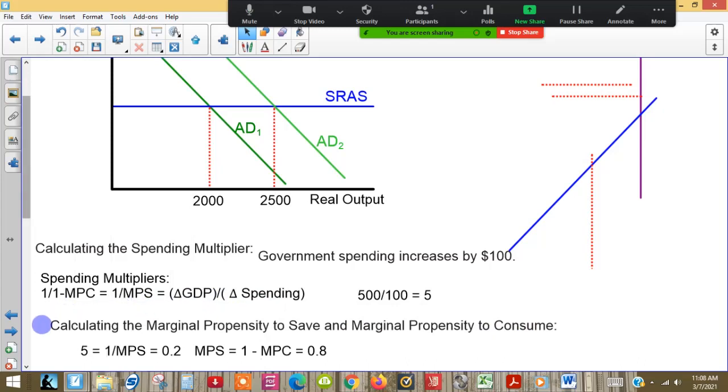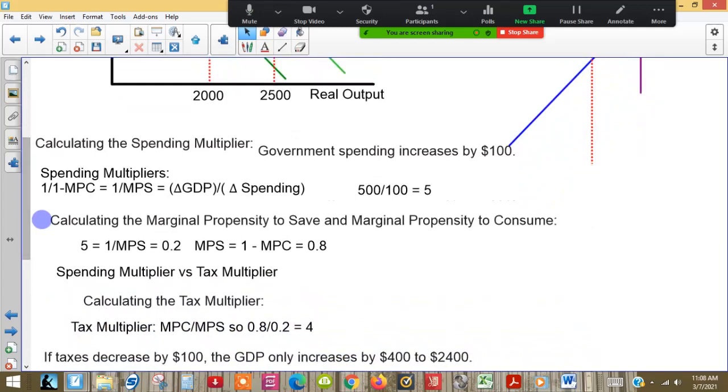So we can say that 5 equals 1 over the marginal propensity to save, which is 0.2: 1 over 0.2, or 1 over 2 tenths, equals 5.